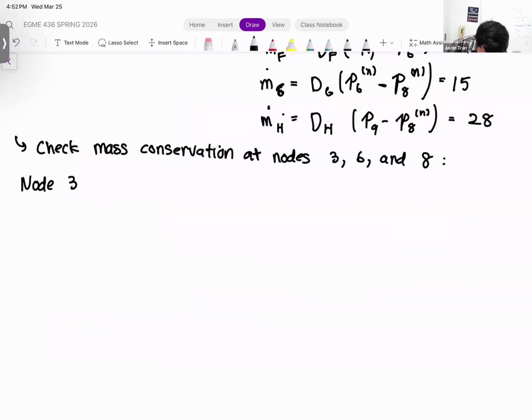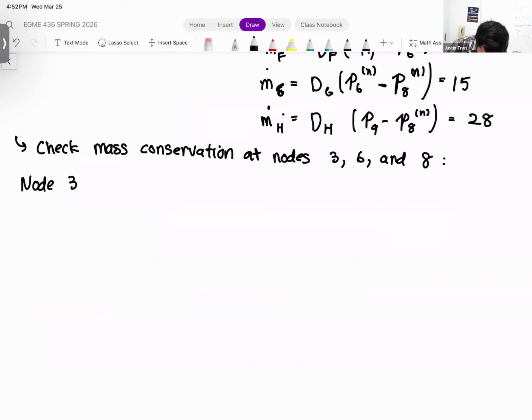All right, so for node 3, the convention that we use is that if the mass flow rate is entering the node, we use a minus sign. So you have a minus m dot A star minus m dot C star. So these two mass flow rates are entering the node. And then for mass flow rates that are leaving the node, we use a positive number.